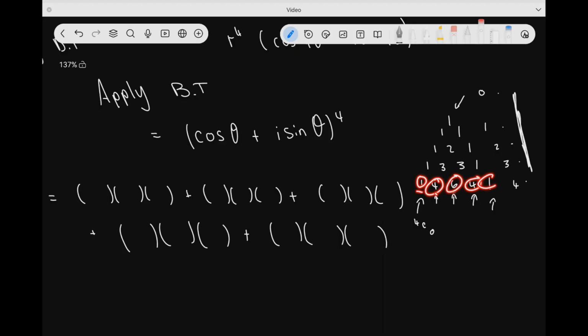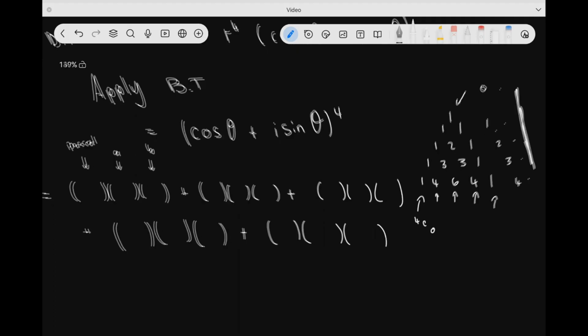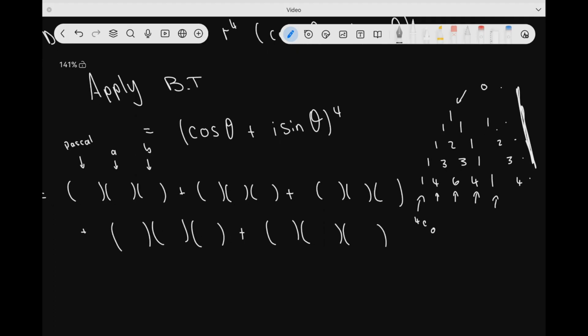Now, in your first bracket is the Pascal value. In your second bracket would be A, and in your third bracket would be B. So what exactly do A and B mean? Well, we can think about it as A plus B raised to the n. In this case, A would refer to cosine, and B would refer to sine, or i sine.